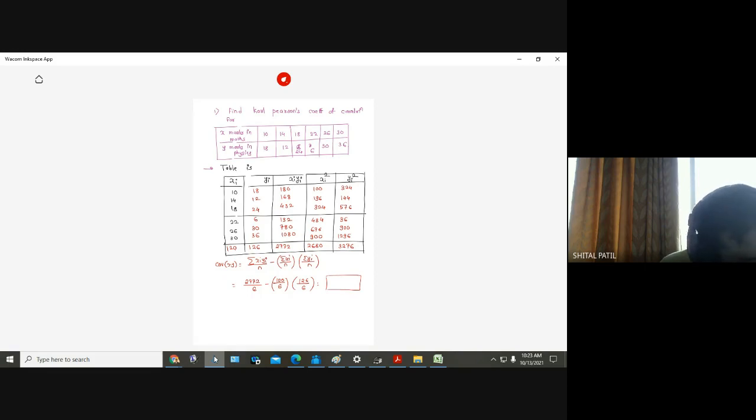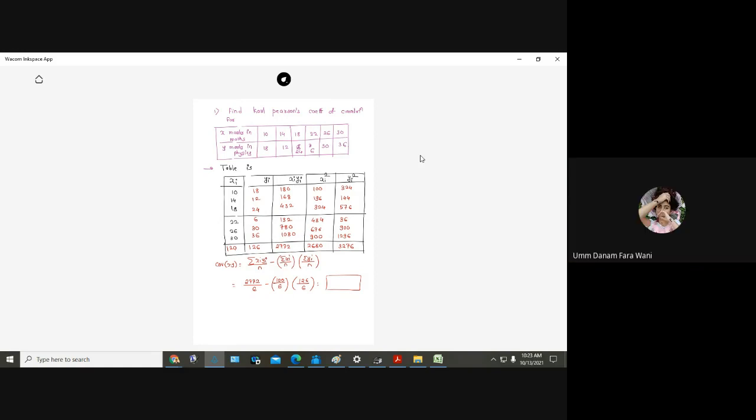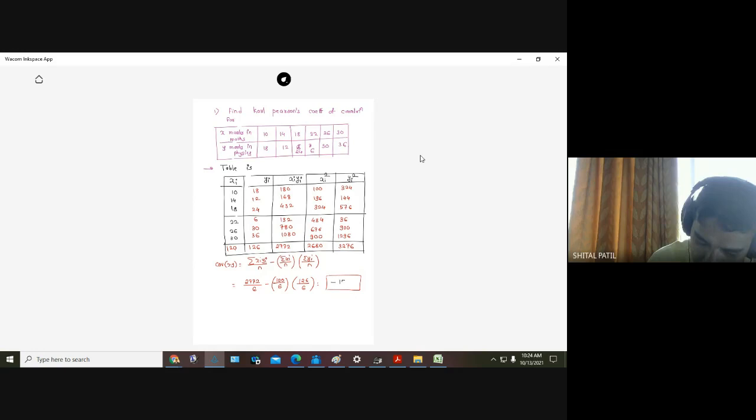How much is the covariance? Anyone? Sorry, what is the answer? Sir, is the answer negative? It can be, no problem. Minus 158. Please cross check this.